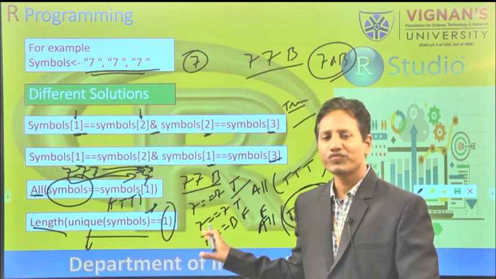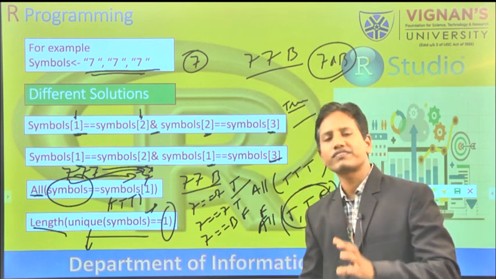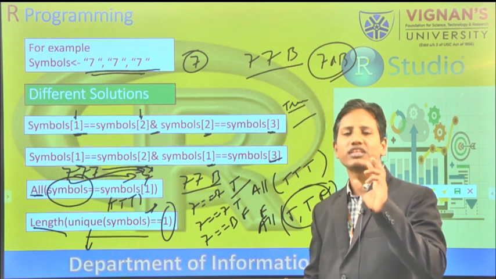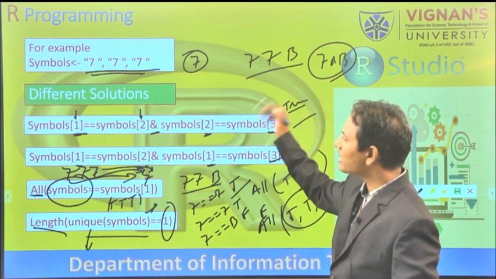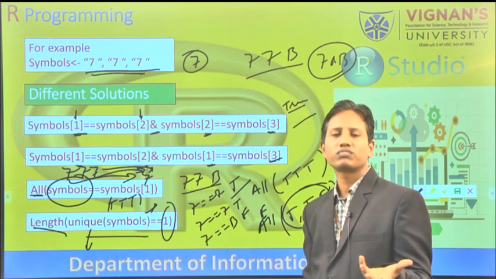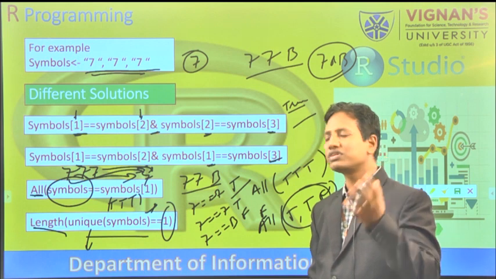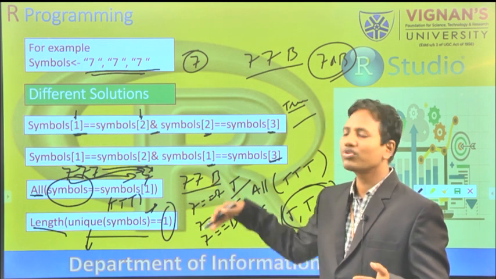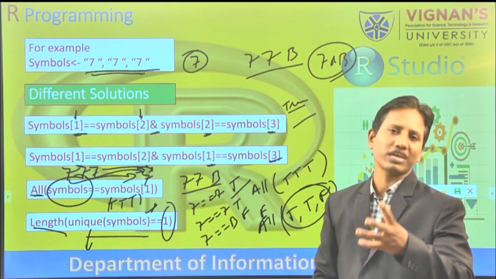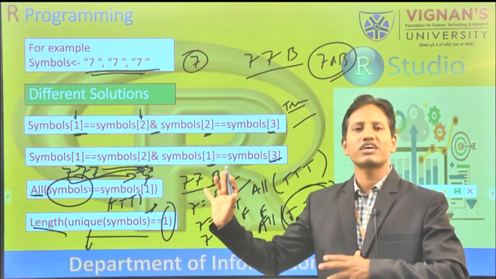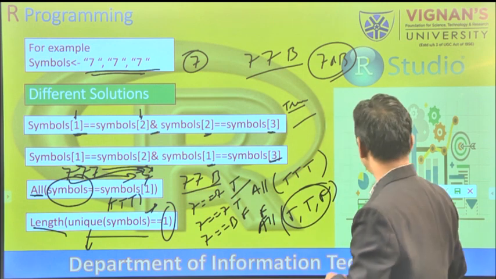So ultimately we have learnt how to solve our first case, that is whether three symbols are the same or not. With any one condition I am able to check it. Once I get the symbols, I put them into any one condition and it gives me a result as true or false. If the three symbols are the same, it gives true, else it gives false.